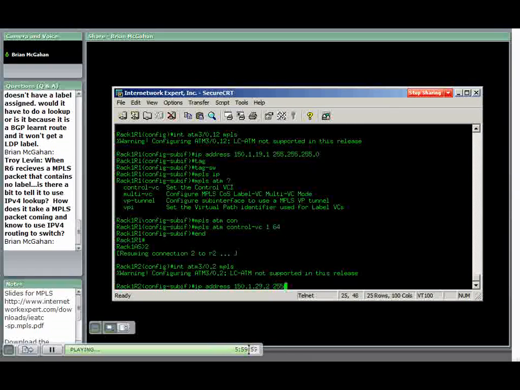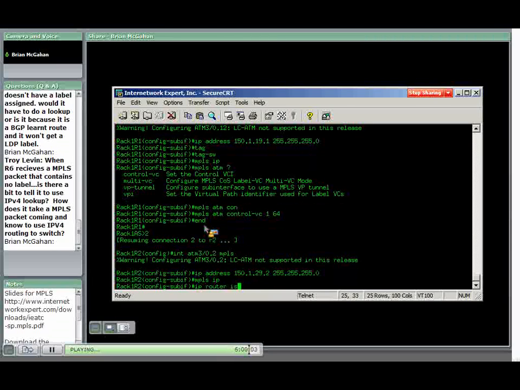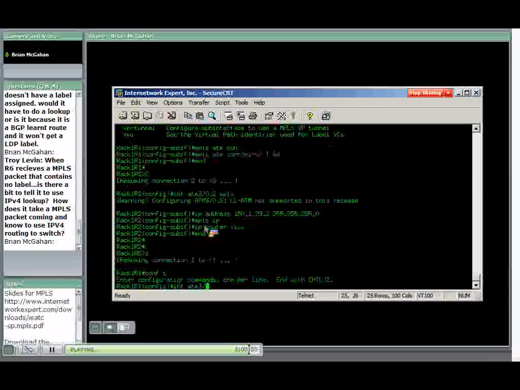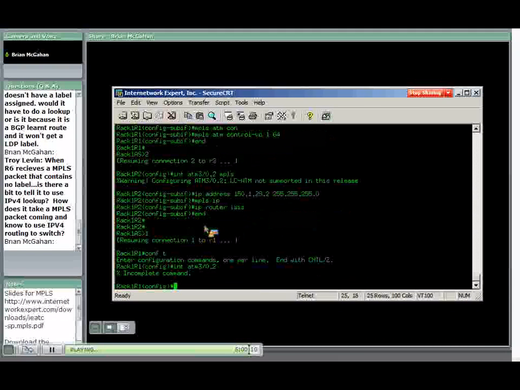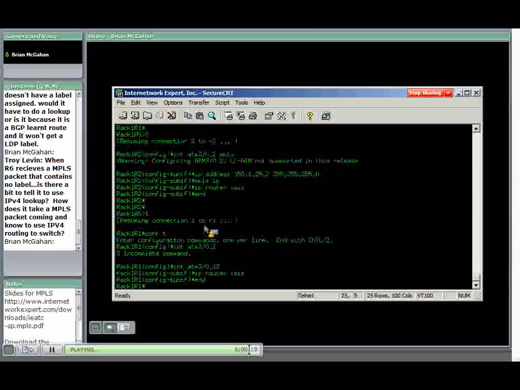So on ATM 0/0/1, we're going to get rid of this. And instead, we're going to replace this with a regular routing configuration. So on the connection to router 1, we'll have an IP address 150.1.19.9/24. Okay, we're going to run IS-IS.